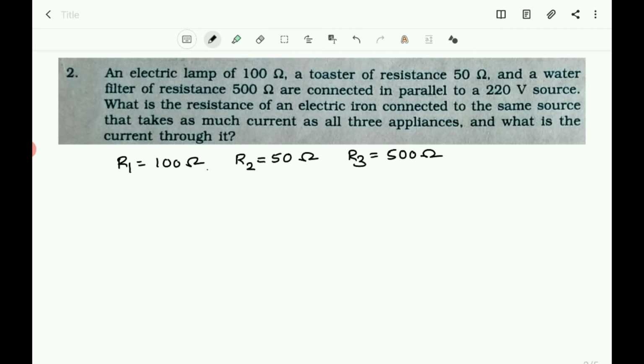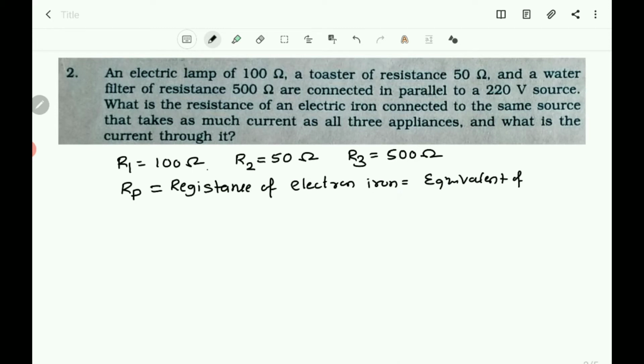So you can take Rp as the equivalent resistance, and that is equals to the resistance of the electric iron box, that is the equivalent of R1, R2 and R3 which are connected in parallel.